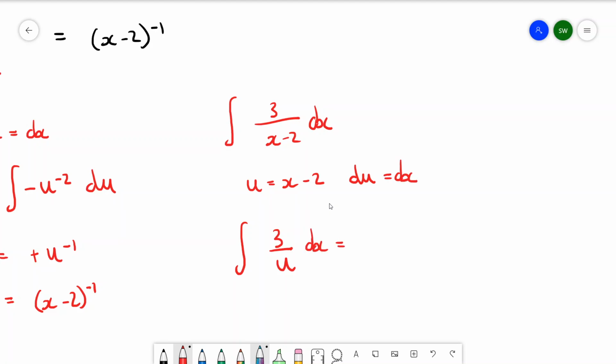So if we work this out, we can take the 3 out of the integral and we'll have the integral of 1 over u, which is just going to be ln u. So we're going to have 3 natural log of u. But remember that u is x minus 2. So we're going to have 3 natural log of x minus 2.